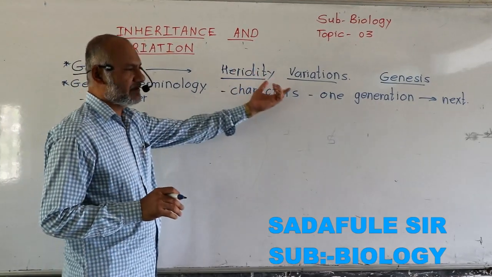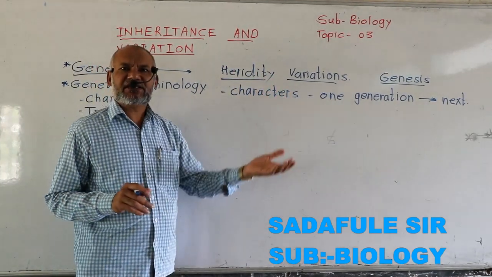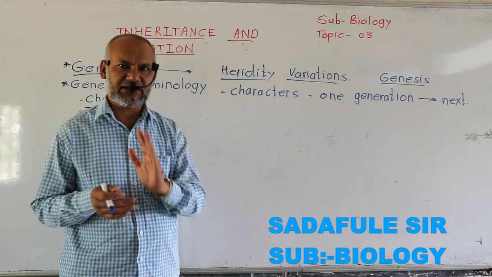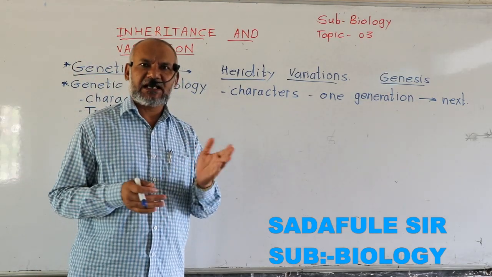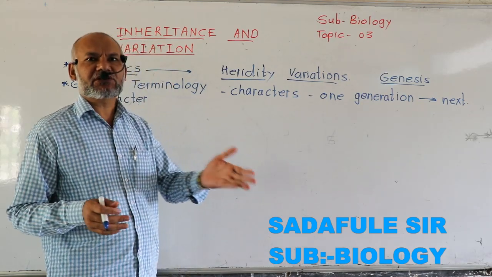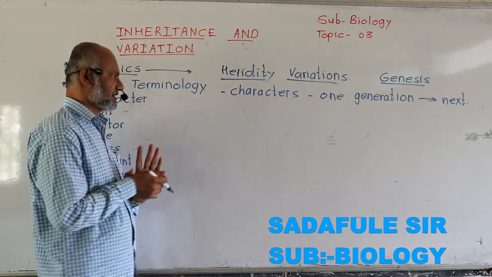And variations are the visible differences observed in parents and offspring, as well as offspring of the same parents and individuals of the same species.